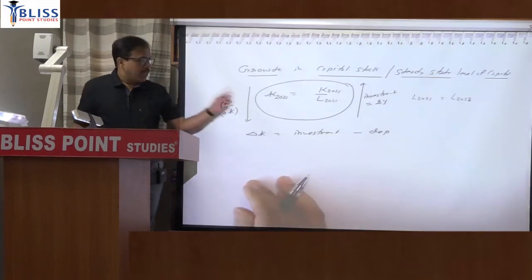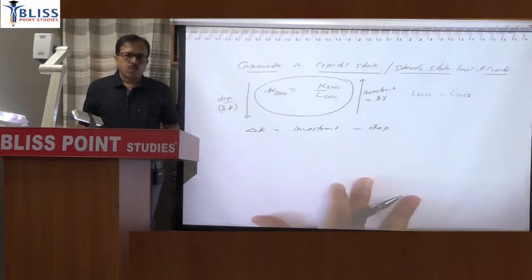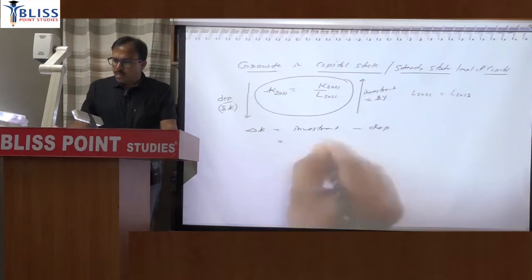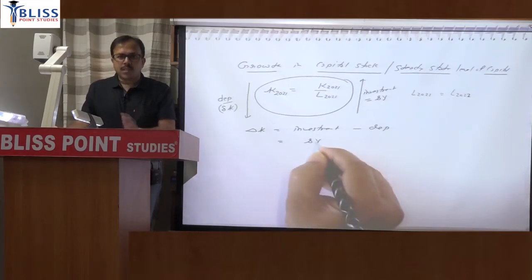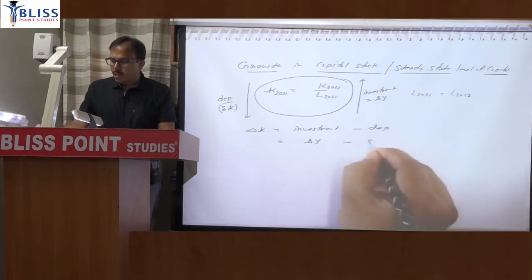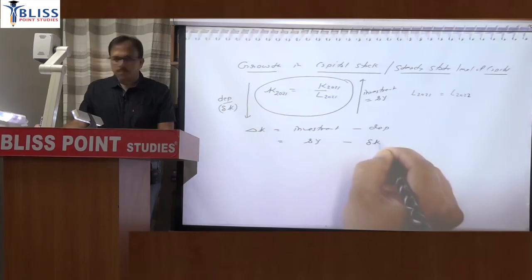Clear? Investment minus depreciation. So by investment you increase the stock, and through depreciation the stock gets reduced. And investment is equal to saving, and saving is a function of income. So you write small s y, and in place of depreciation you write depreciation rate into K. Clear?